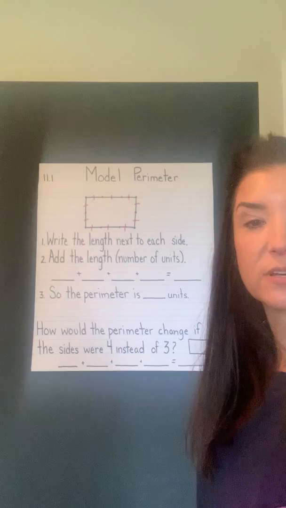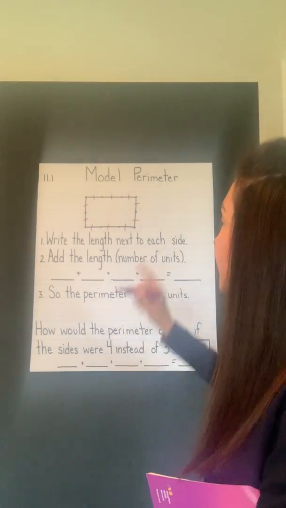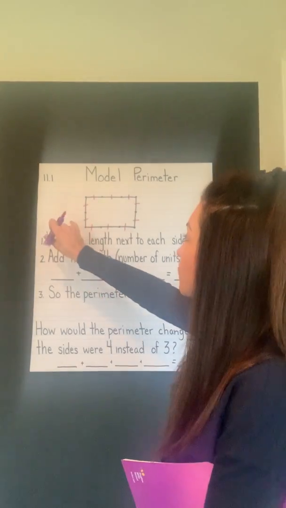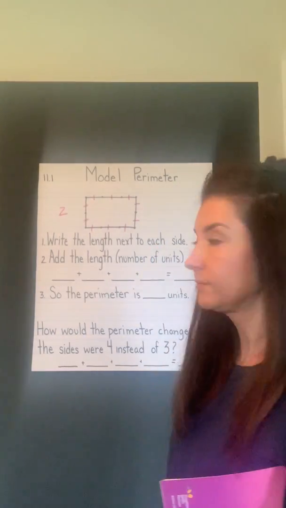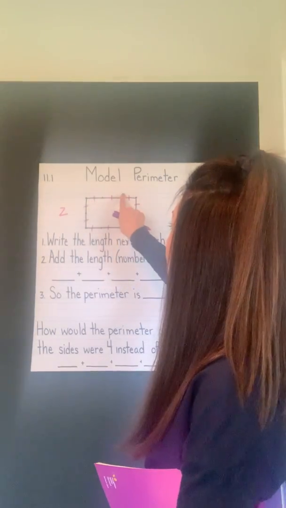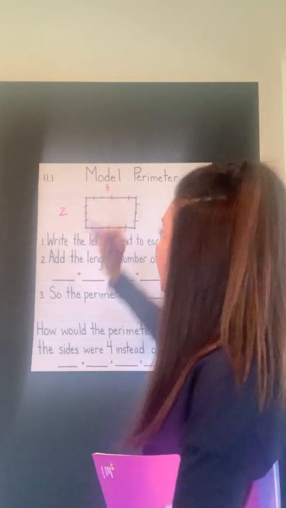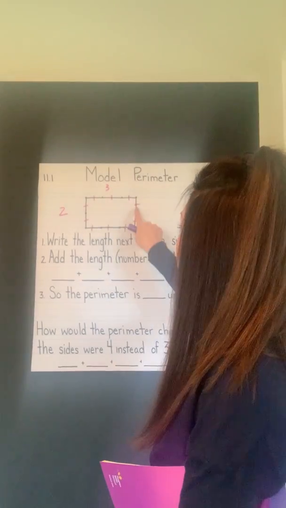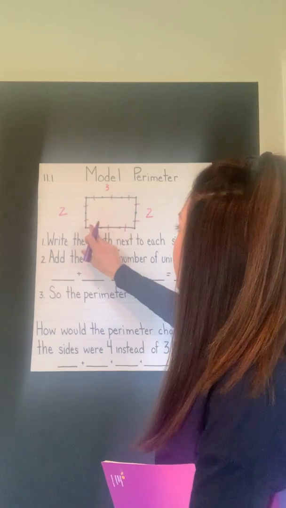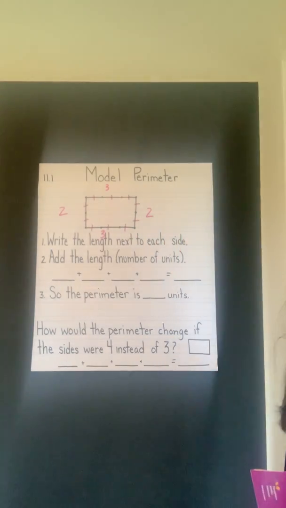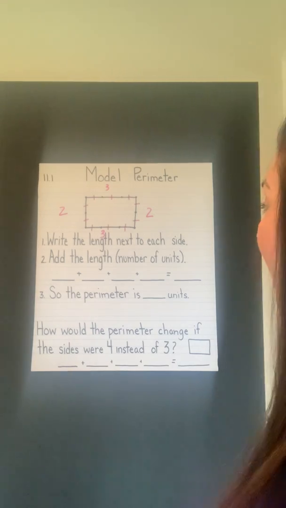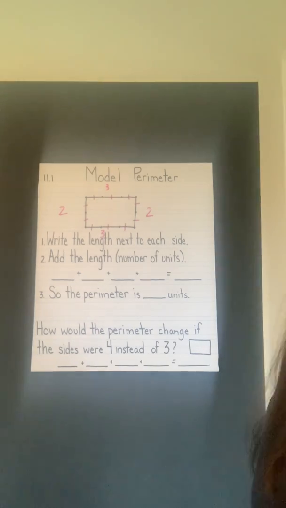Okay, so now what we're going to do from here is write the length next to each side. So this would be 1, 2 square units. This would be 1, 2, 3 square units. 1, 2 square units and 1, 2, 3 square units. Our next step is add the length, which are the number of units.